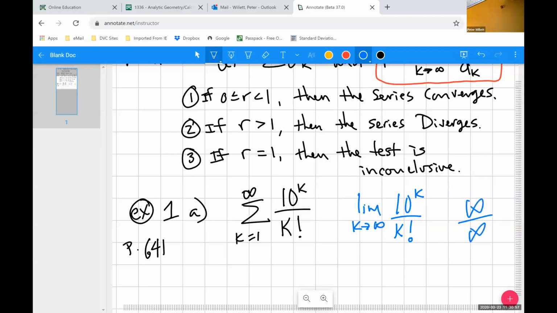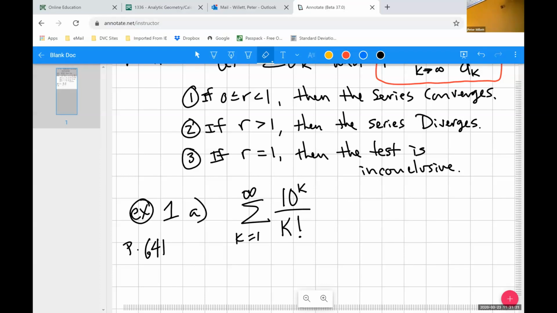But because k is not a continuous variable, we don't have anything like the derivative. We can't use L'Hopital's rule, right? So as we get to this ratio test, they're introducing a problem with a factorial in it, and the good reason for that is that all of our earlier tests don't really work.